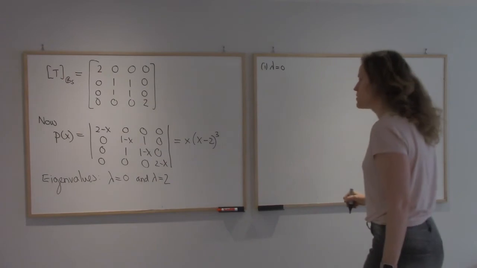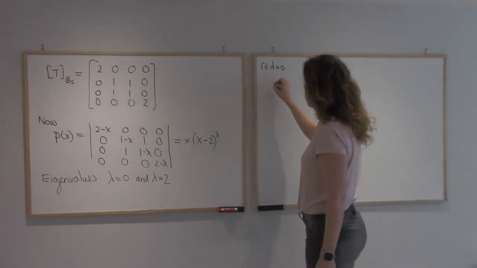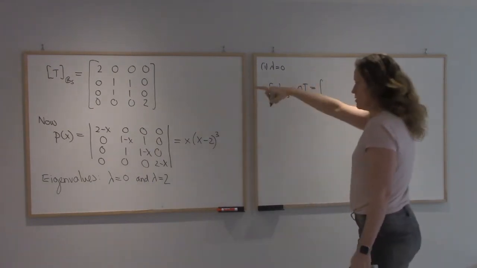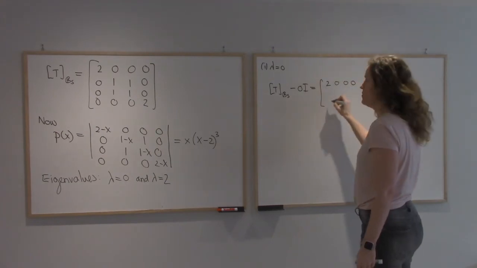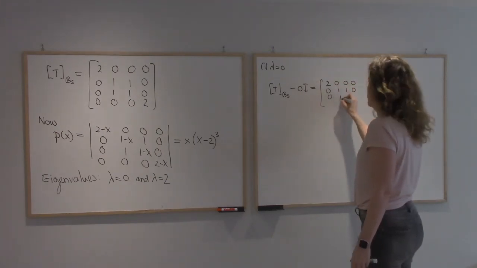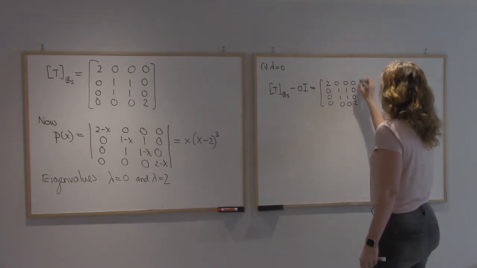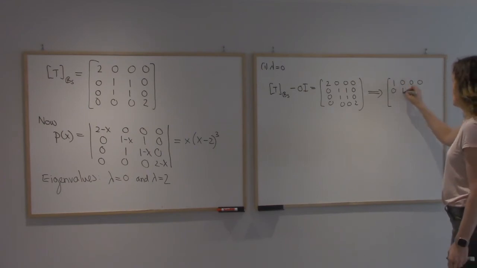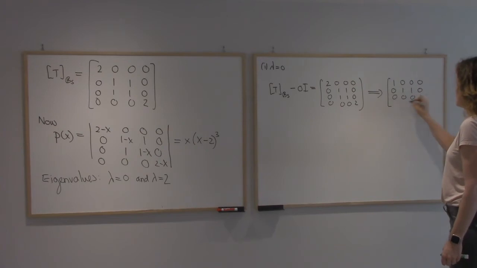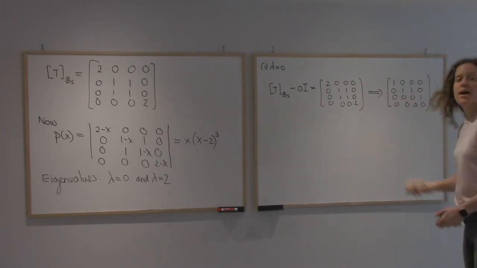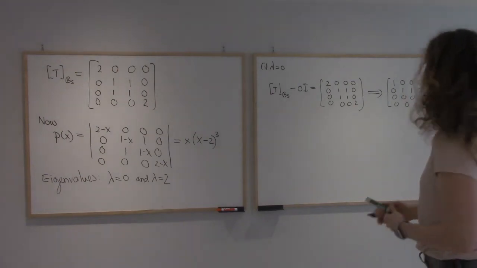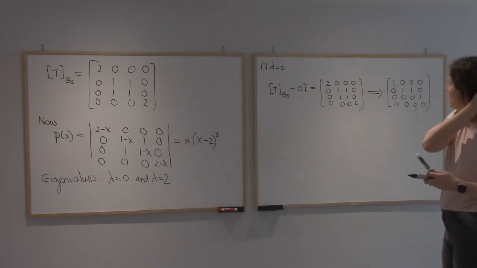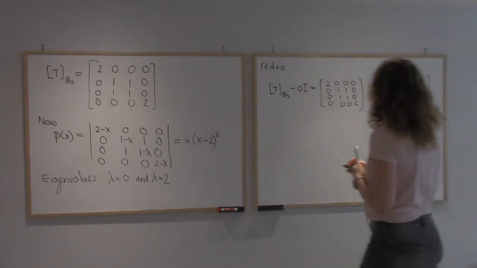Let's start with lambda equals 0. T_BS minus 0 times I. That's going to be just that matrix. And if I reduce it, you'll get 1, 0, 0, 0, 0, 1, 1, 0, 0, 0, 0, 1, 0, 0, 0, 0. And I have one free variable right here. So I'm going to get one eigenvector for the basis.